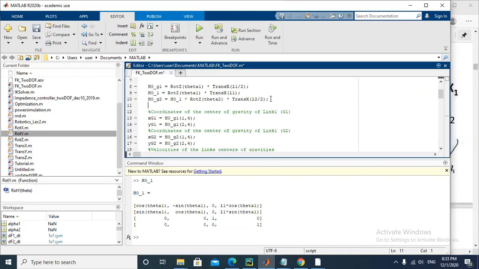And the way we can get it is we can say HO2 is equal to HO1 multiplied by, so we rotate about z by theta 2, then we translate about x by L2. Alternatively, you can simply multiply this guy by one more translation by L2 over 2. Let's actually do that.